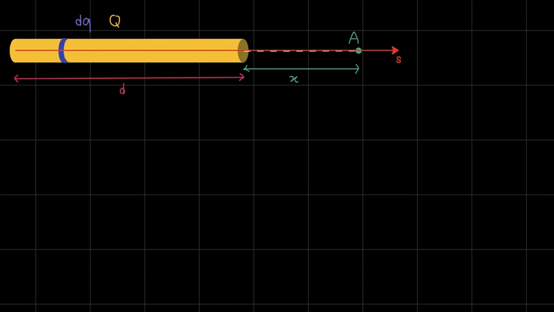Now, in order to find an expression for the electric potential that this particle creates at point A, we need to come up with an expression for the horizontal position of this particle, also for its width, basically. For the horizontal position variable, I'm using s instead of x because x is already defined as the distance between point A and the right end of the rod. So x is reserved for something else.